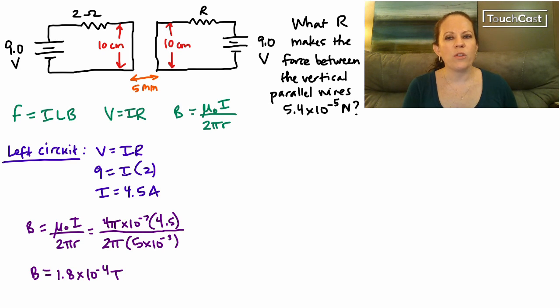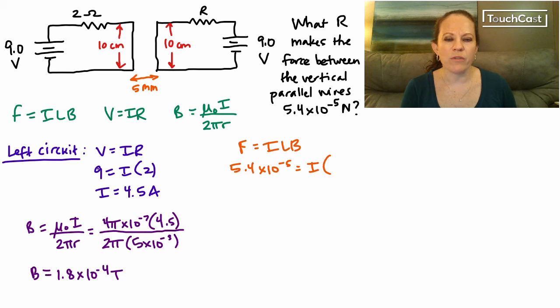So now that we know the magnetic field generated by the left-hand wire, we can come back to that very first equation, F equals ILB, because we know the force that the wires are experiencing, and we can figure out how much current must be flowing in that right-hand circuit. So recall that the force we were given was 5.4 times 10 to the negative 5th newtons.